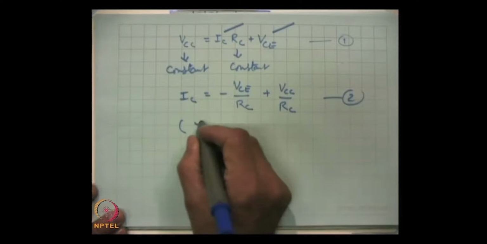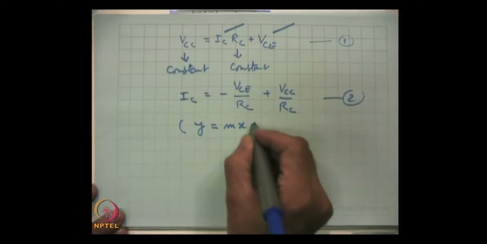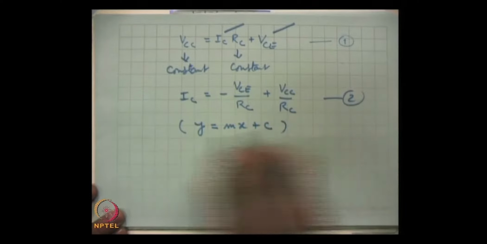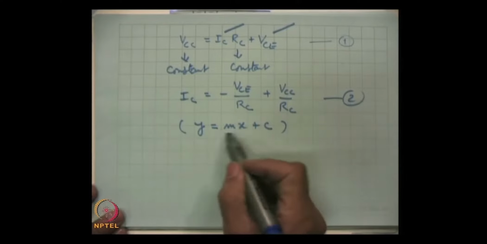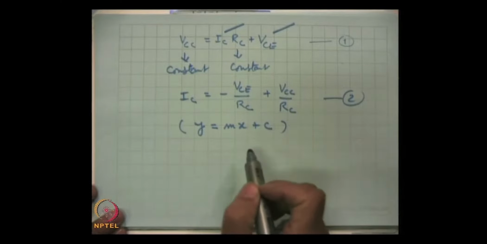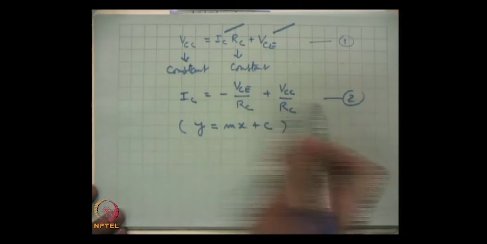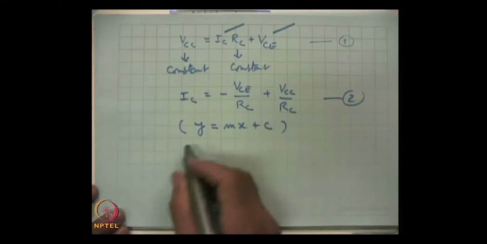You must be familiar, y is equal to mx plus c. This is the equation of a straight line, and this gives the slope of the line, and this is the intercept on the axis.